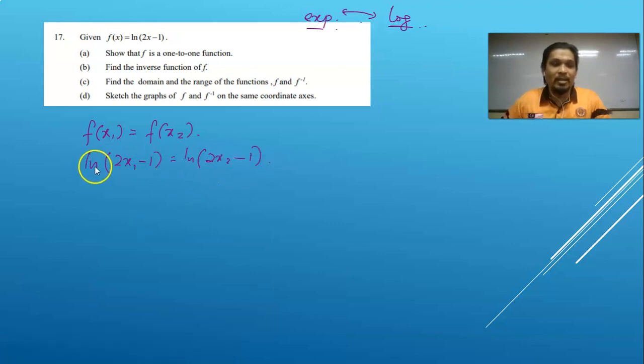Then we cancel between these two, making these two an exponent of Euler's constant e. So then, canceling between these two, we get 2x1 minus 1 equal to 2x2 minus 1.